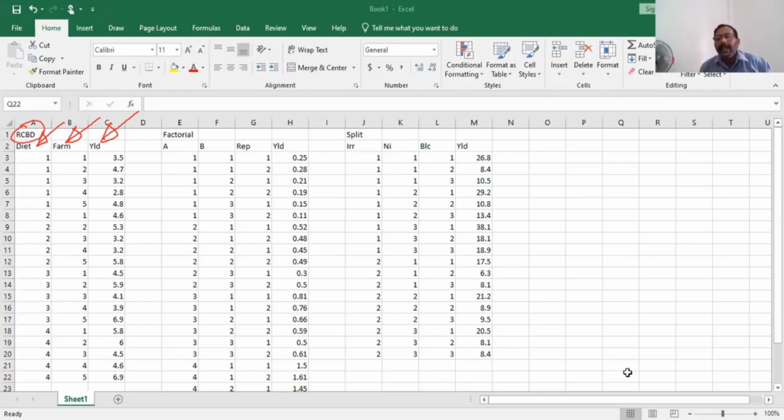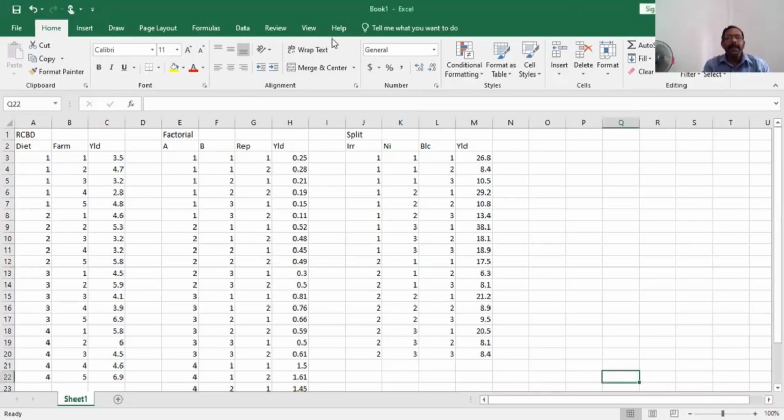Because it comes nicely. Otherwise, it's a problem entering the data. We don't miss anything. We can repeat it. Right. Now I'm going to use this data.